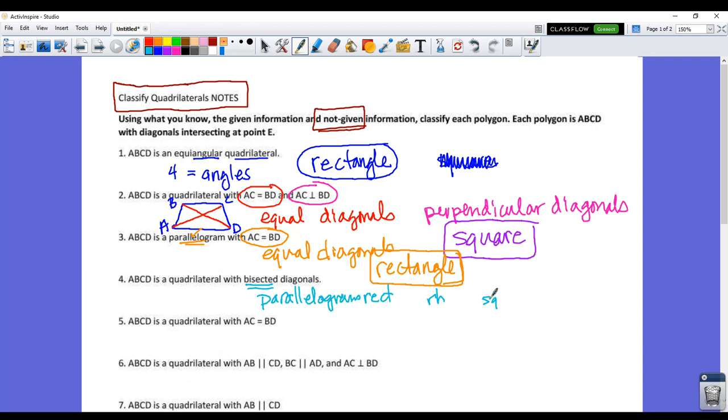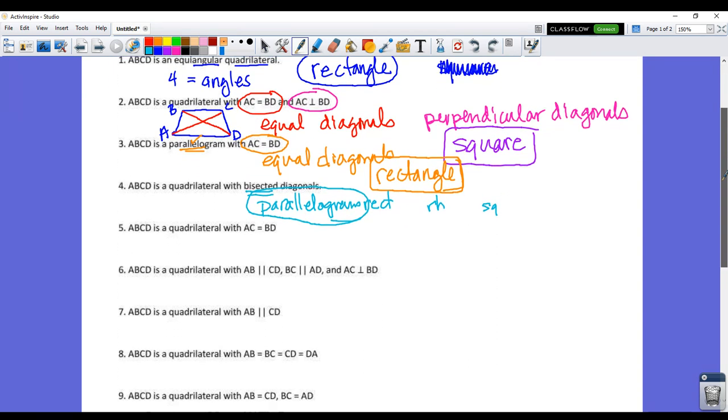Each one of these, squares, rhombuses, and rectangles, are all parallelograms, which means that this is a property of all parallelograms. Not any specific parallelogram, but all parallelograms in general. So we don't know what type of parallelogram it is, but we know that it's for sure a parallelogram.